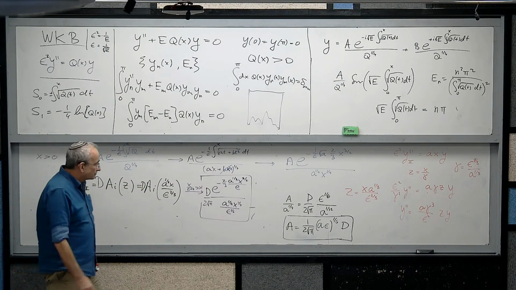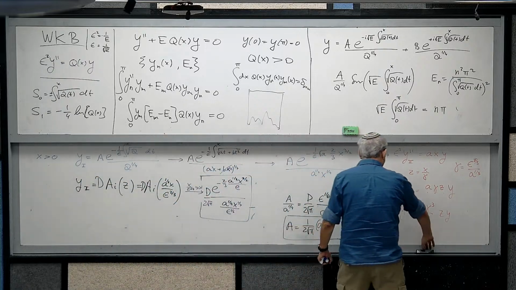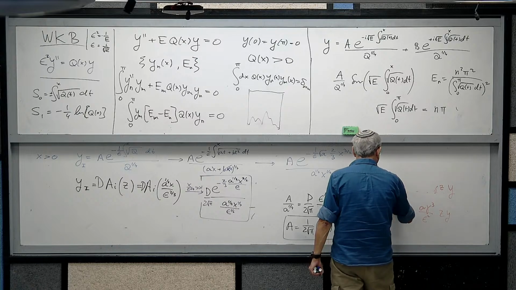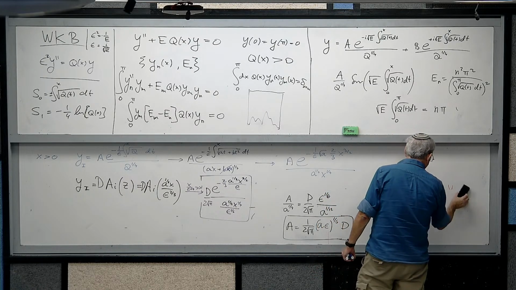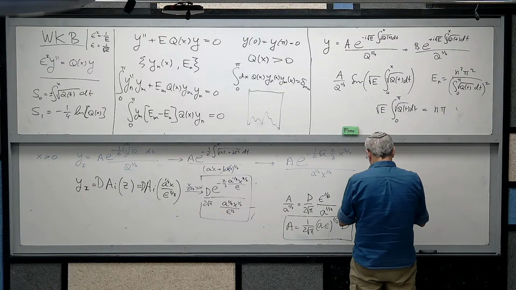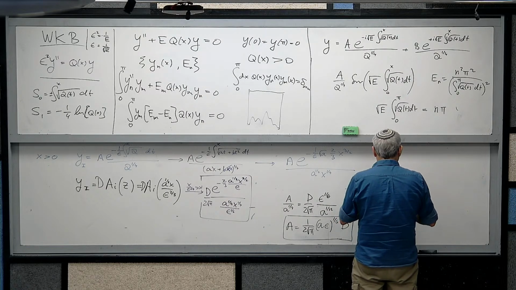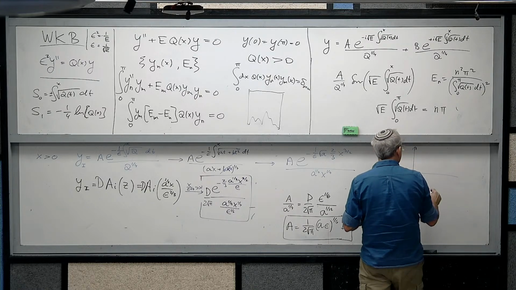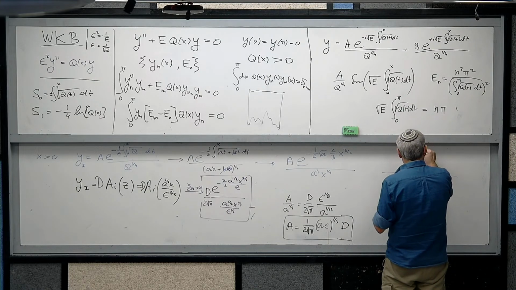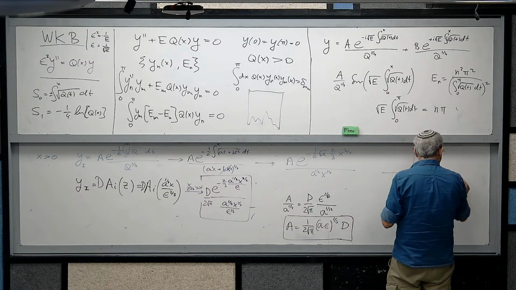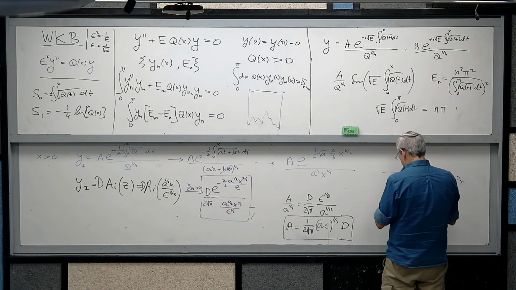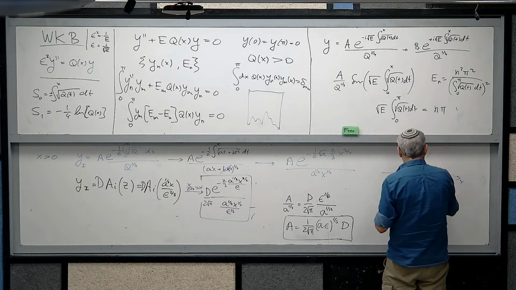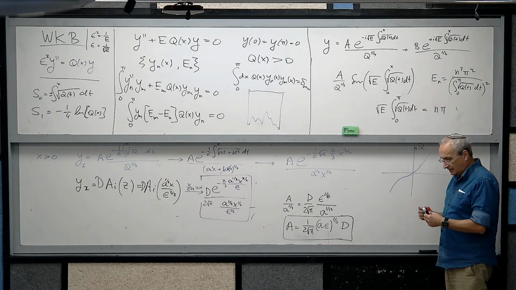Now, note that what I did here was, remember, this was Q and this was X, and Q as a function of X goes like that. Right?